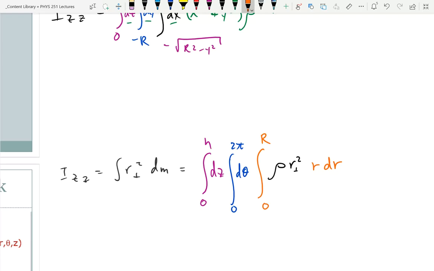My black is the integrand, the thing I'm going to integrate, and then I have the colors for each of the integrals and limits coded together.